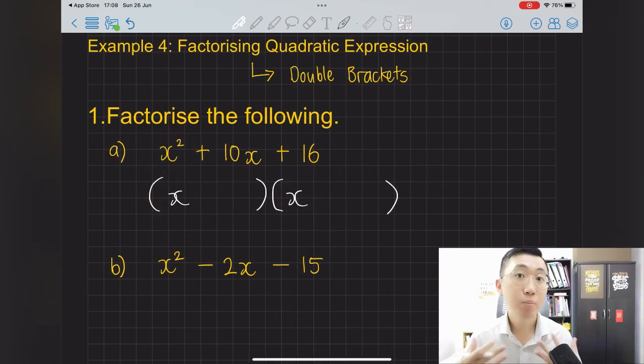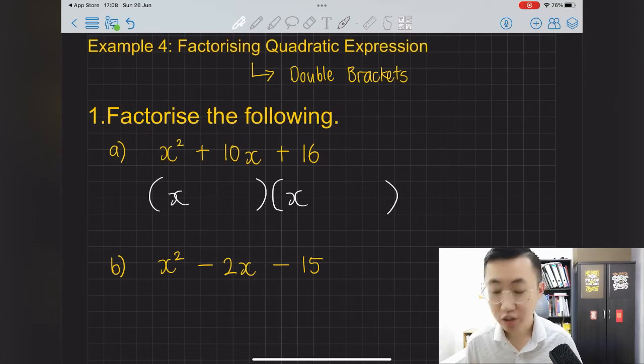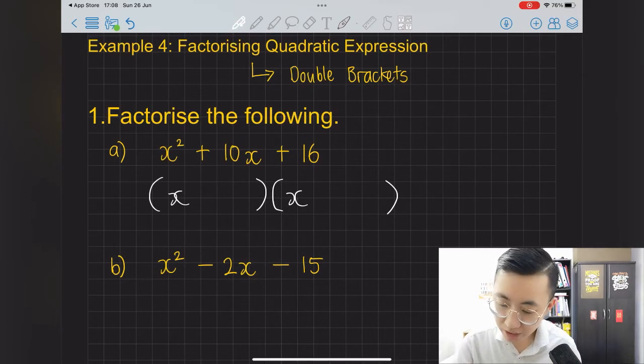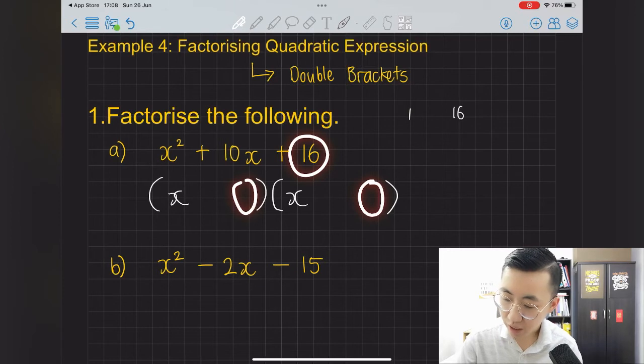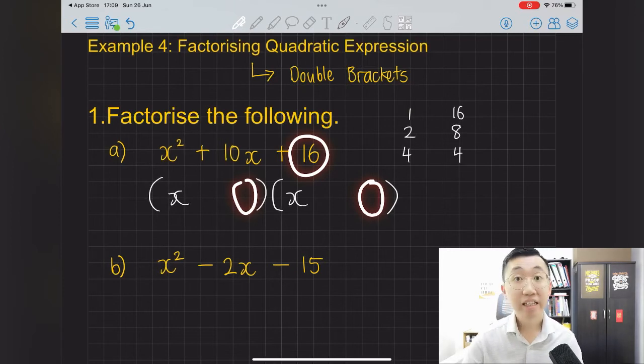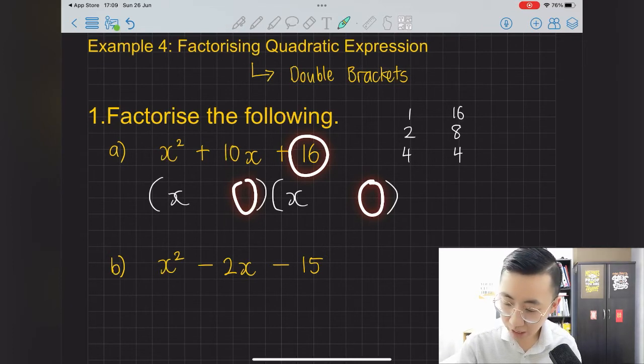Here is a practice that you have to do a lot of questions. You need to think about what times what will get you 16. There are actually many combos: 1 and 16, 2 and 8, 4 and 4. Then you need to think about what possibility will get you the value in the middle.